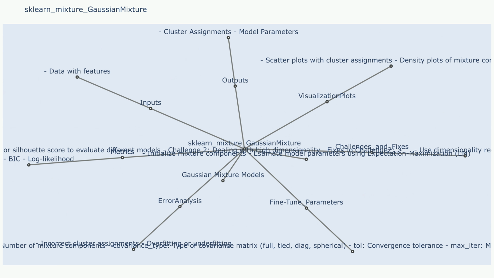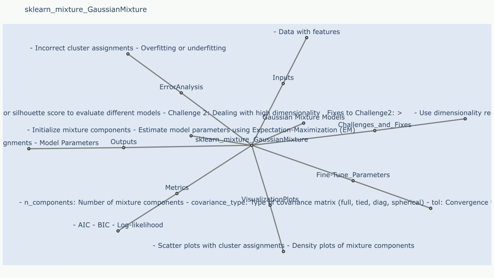Steps. Initialization. The algorithm starts by randomly initializing the parameters of the Gaussian components. Expectation step. The algorithm calculates the probability of each data point belonging to each Gaussian component, based on the current parameters. These probabilities are known as responsibilities.